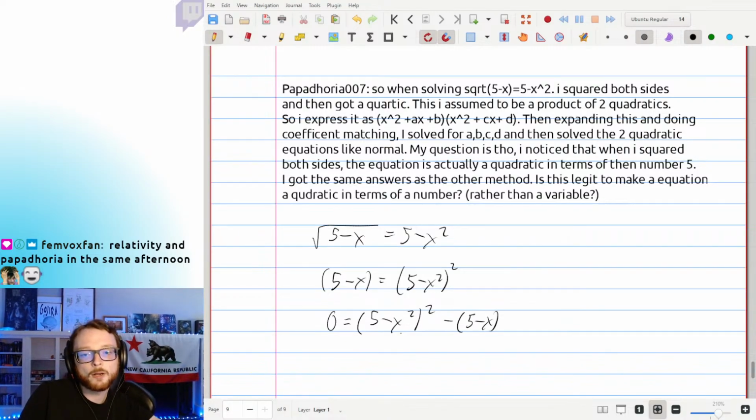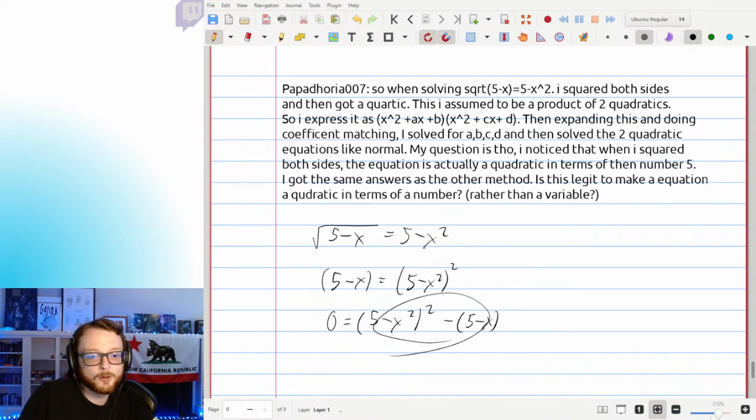So it's not quite a quadratic. And so what you did to expand all that, but you're asking about the sneaky way. The thing that makes it not quite a quadratic.